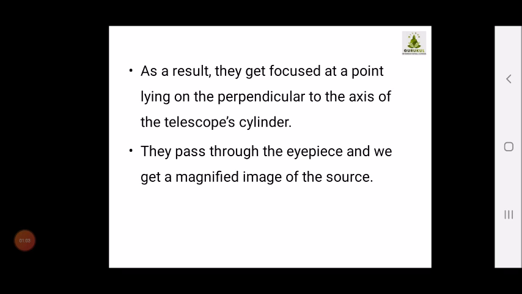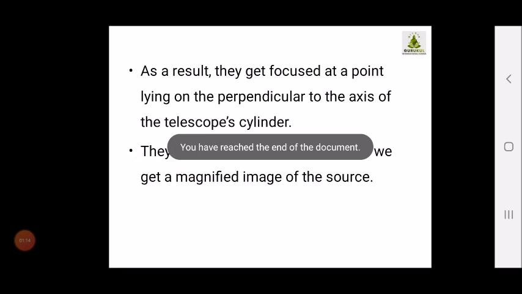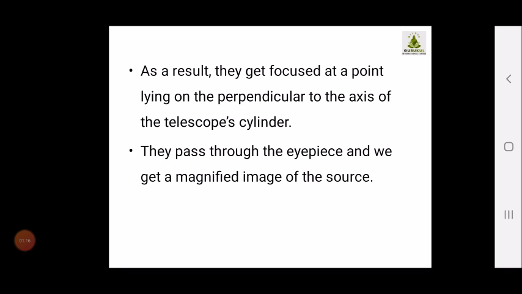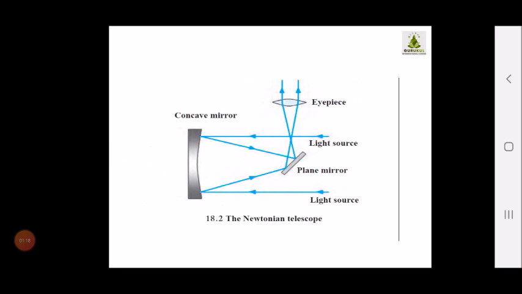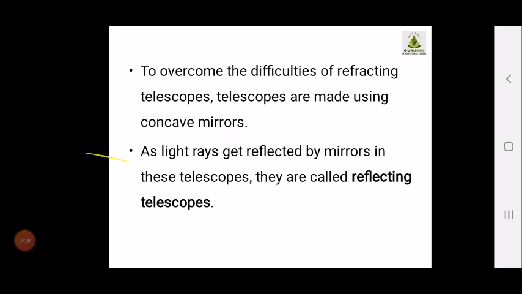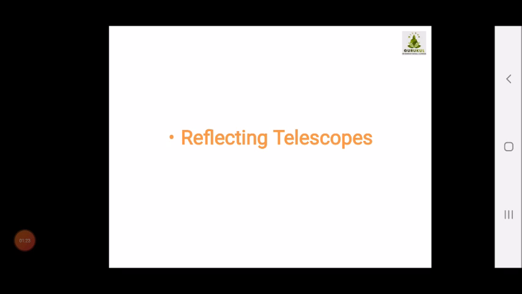As a result, they get focused at a point lying on the perpendicular to the axis of the telescope cylinder. They pass through the eyepiece and we get a magnified image of the source. Hence, we use reflecting telescopes so that we can get a large magnified image of the source.